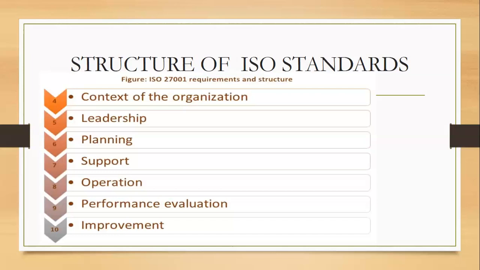Clause 10 is basically improvement. 10.1 is mostly non-conformity and corrective actions. So if non-conformities are raised against implementation, are they logging them? Are they closing them? Are they learning from them? That is basically 10.1. 10.2 is more of improvement.